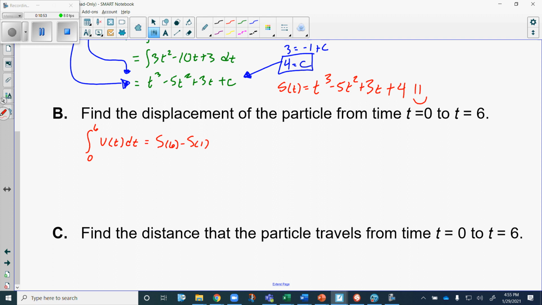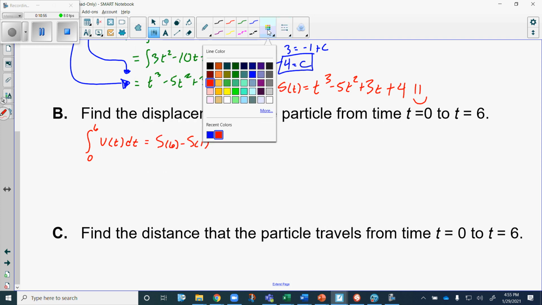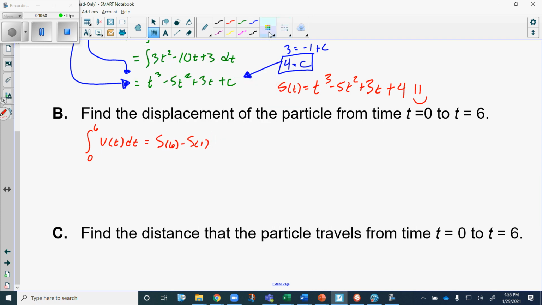We're taking this and we can stick it in here for the integral, but essentially that's all we're doing here. So either way, let's go ahead and see what we wind up with. I'm going to just say s of 6 minus s of 1.